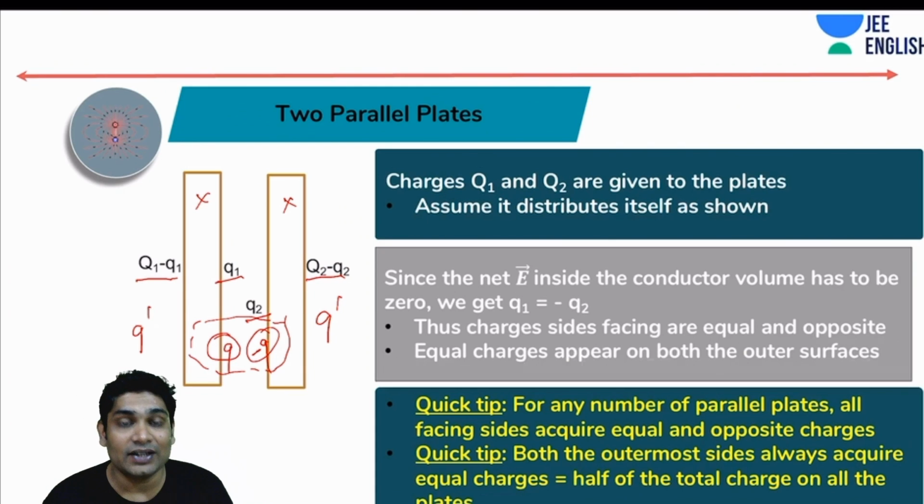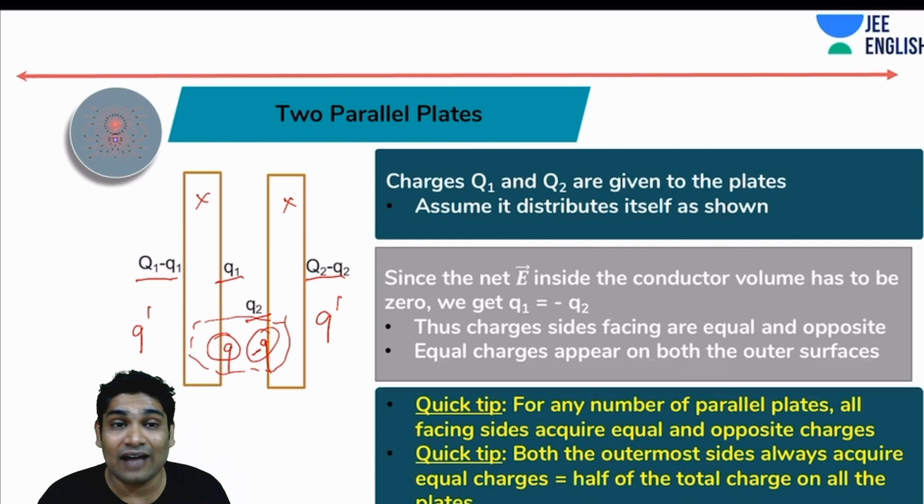We'll look at the proof. As of now, remember this. Whenever you have two parallel plates, the inside sides facing each other will always get equal and opposite charges. The outside sides will get equal amounts of charge, both in magnitude and sign. I already know what is the net charge on the inside of the two, which means all the charge is getting distributed on the outer surfaces.